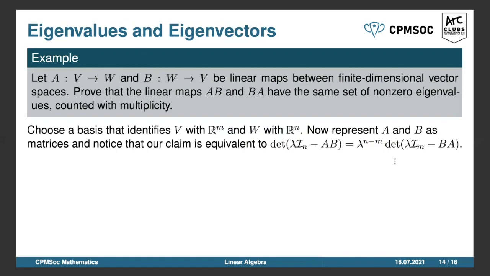So now that we've reduced our claim about these having the same set of non-zero eigenvalues, they have the same set of non-zero eigenvalues if this equation holds. And now we're going to reduce this equation further.